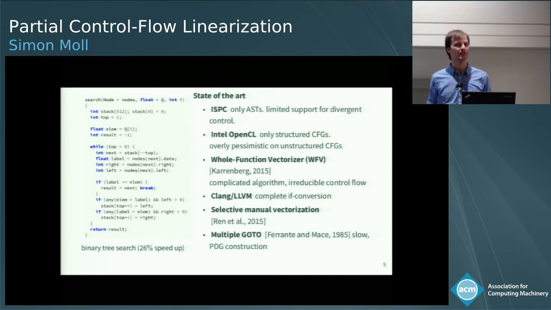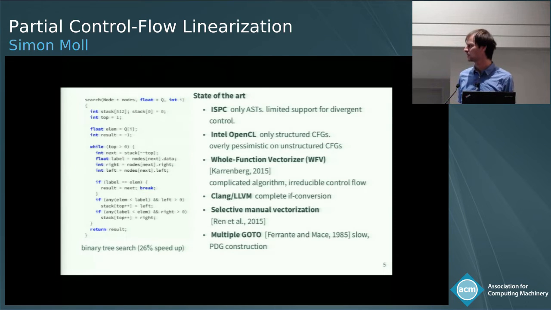Then you would ask, what is implemented in today's compilers? Well, that would be complete if conversion in case of Clang LLVM. And actually, at this conference, in PLDI 2015, Ren et al. presented an approach where, and this is a quote from the paper, it was necessary to perform selective manual vectorization for branches because ICC couldn't handle them. It wouldn't vectorize otherwise.